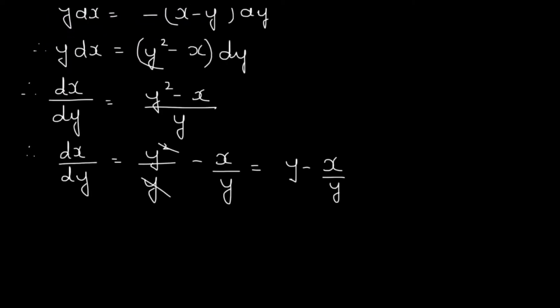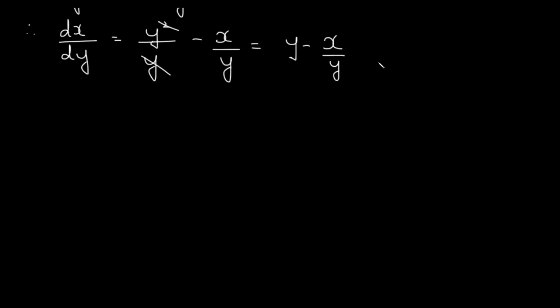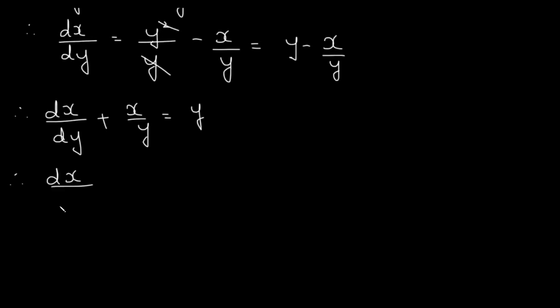Then in the next step, we take this minus x upon y to the LHS. So therefore we get dx upon dy plus x upon y is equal to y. Now suppose I write it this way, then we can compare it easily.